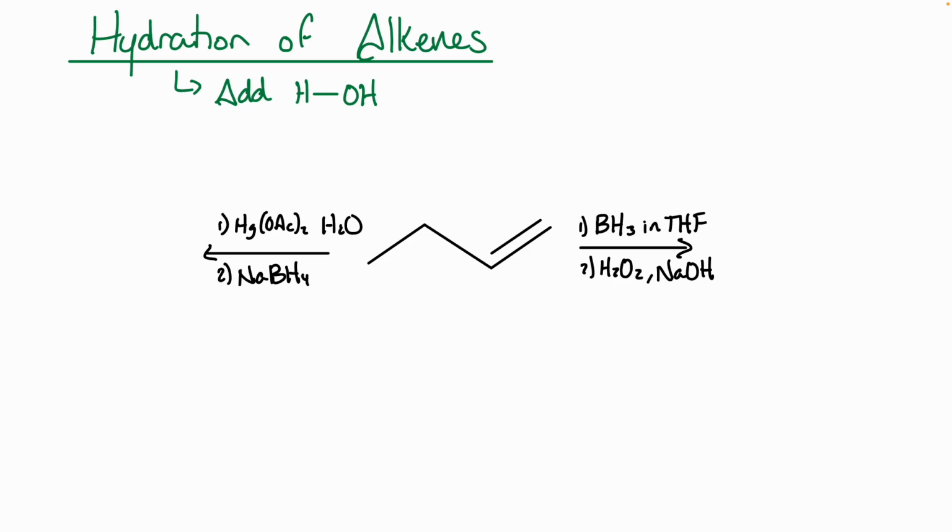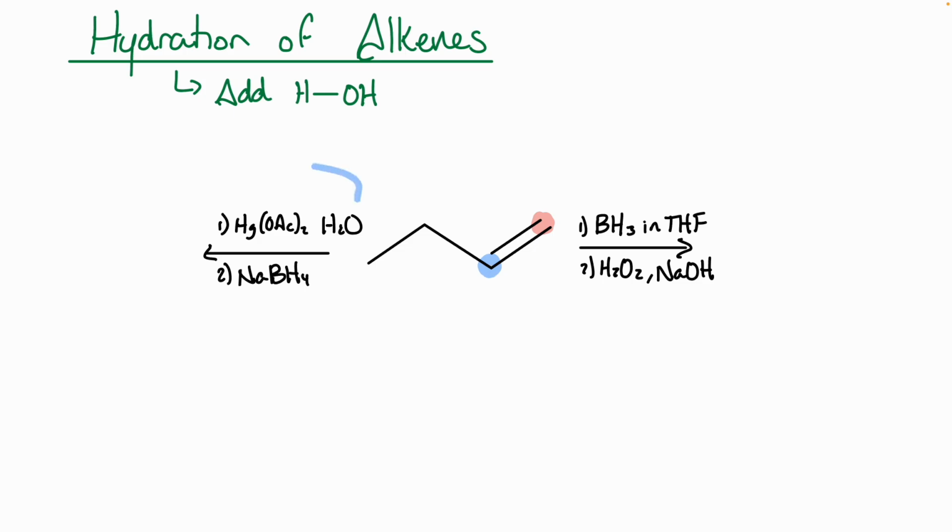Okay, and in these reactions, we have this big, ugly list of reagents here, right? It's not just H2 or something nice and convenient like that. The good news is that this isn't anything that you have to memorize. You just have to be able to sight recognize these and know what they do, right? So first of all, the difference between these two reactions is which carbon about that double bond we're going to place that hydroxyl group.